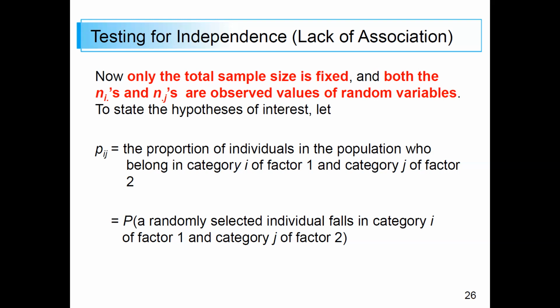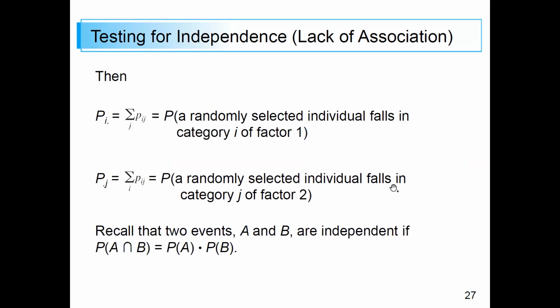This probability can be written as the product of the row probability and the column probability. What I mean is that if we look at this one, p_i dot is talking about the i-th row. We simply accumulate all the probabilities in the i-th row, and that's the probability of an individual being in the i-th category of the first factor.